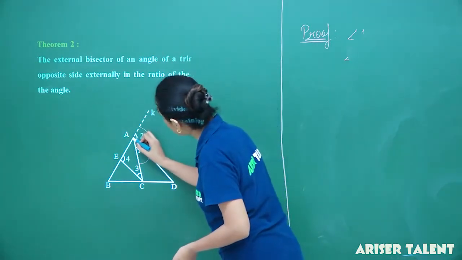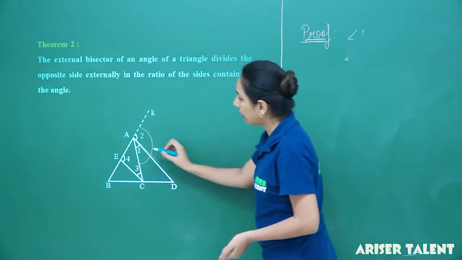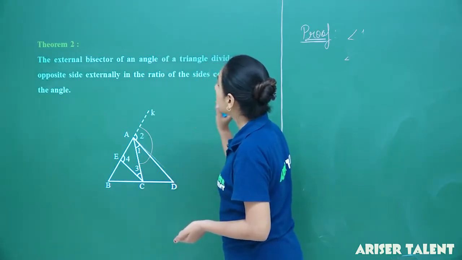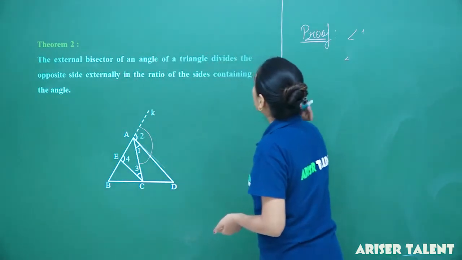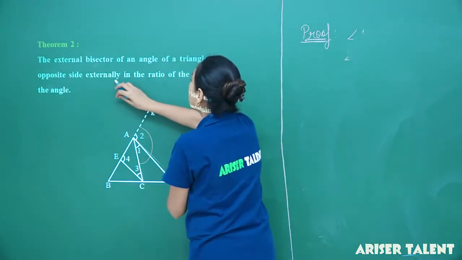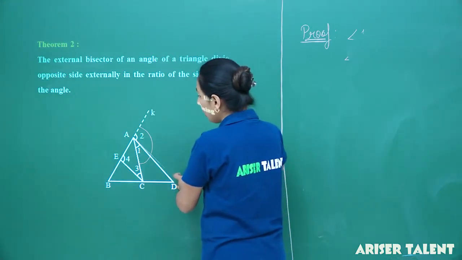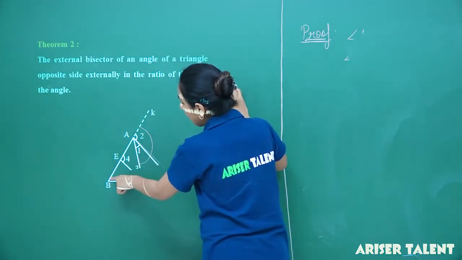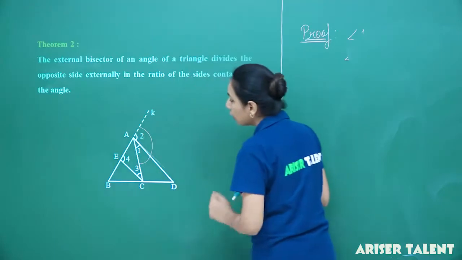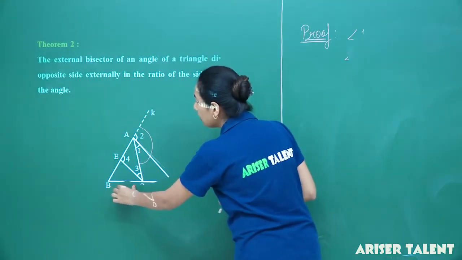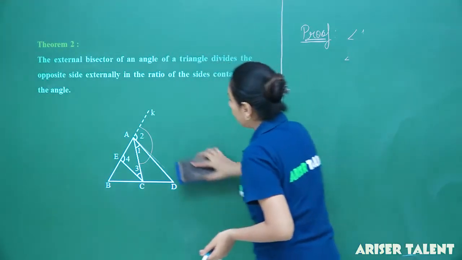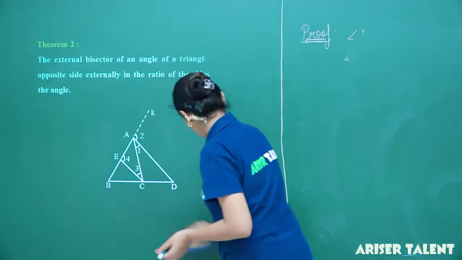Now, if you bisect it, such that angle 1 equals to angle 2, then the bisector of external angle will divide this opposite side externally in the ratio of the sides containing the angle. Now, sides containing the angles are AB and AC. Okay. So, ratio of this to this should be equals to ratio of this to this. Okay. Right, understanding this?